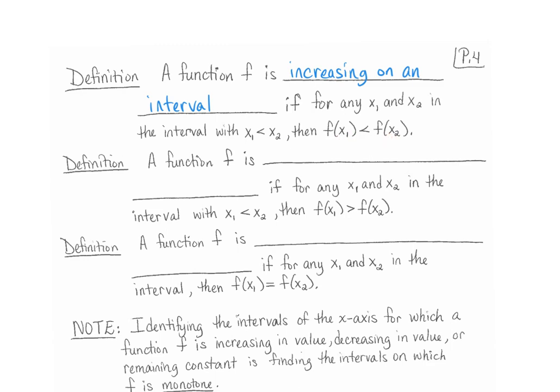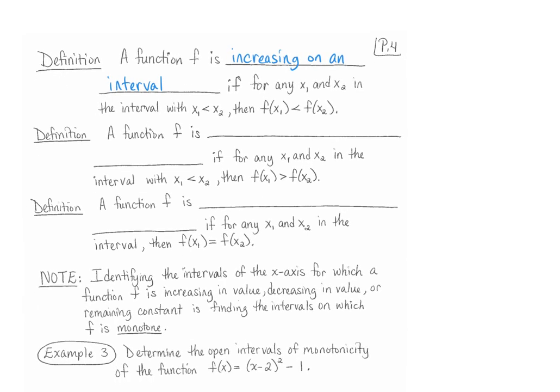For those who are highly visual, in the xy plane, we do not necessarily have to be in the first quadrant, I'm just using it. So x1 is less than x2, so x1 is to the left of x2. Then f of x1 is less than f of x2. So f of x1 would be the corresponding y value, and f of x2. It would look like this, something like that.